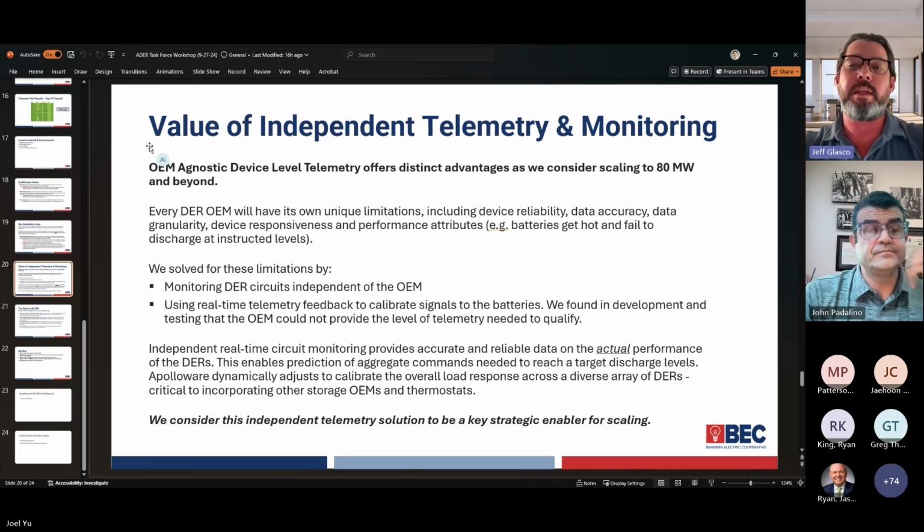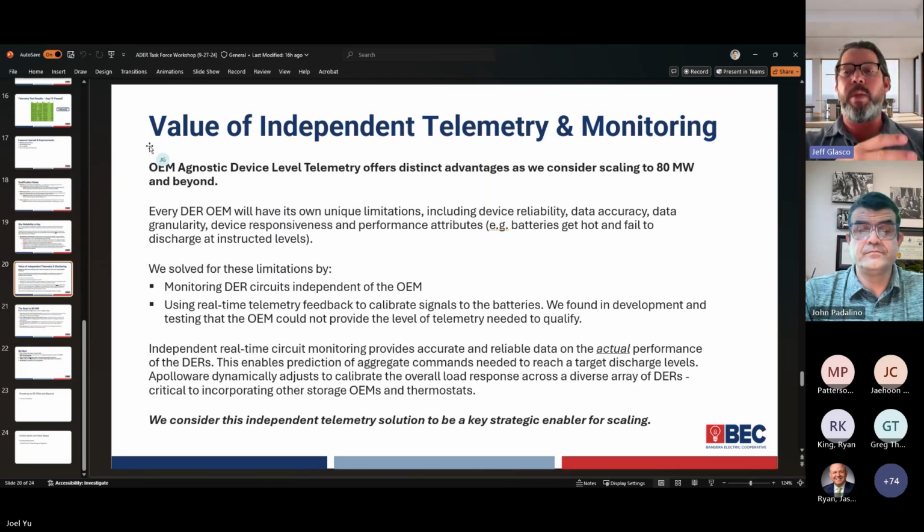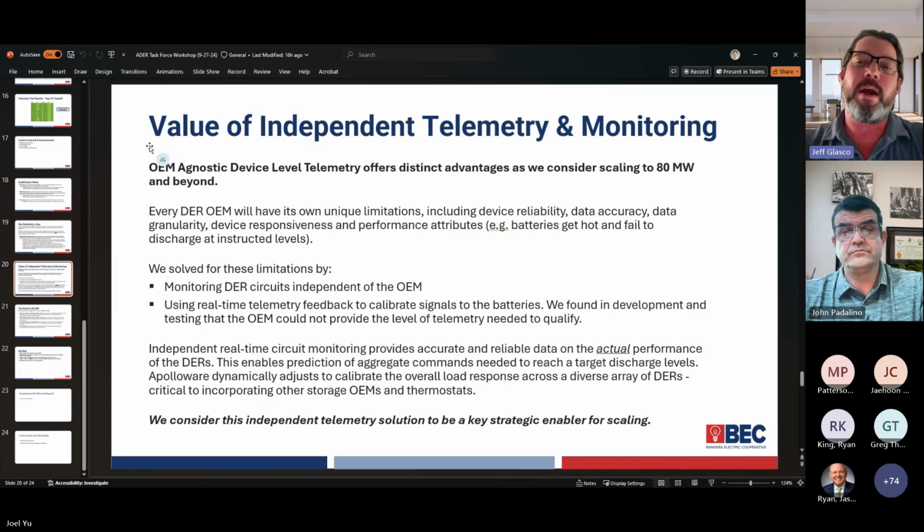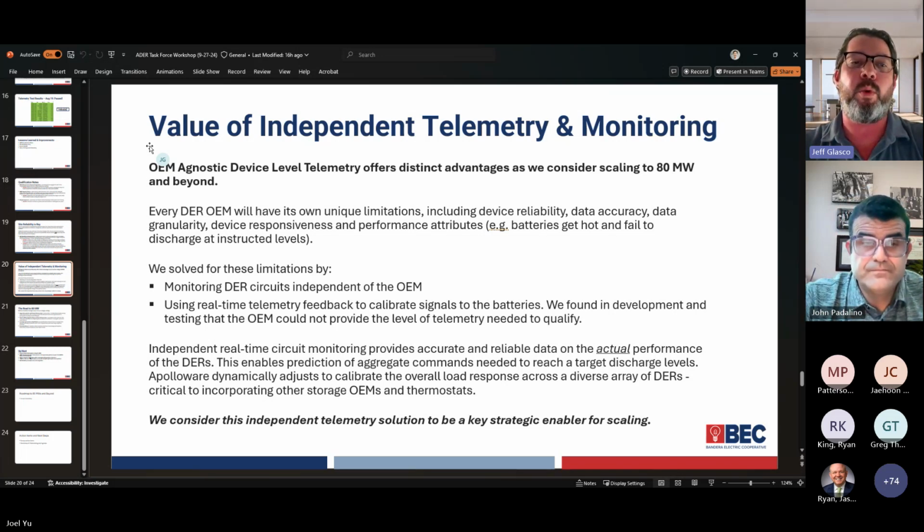And I think that as we look at expanding to other OEMs, which we're actively working on right now, having that independent telemetry so that we can control at all times and understand what's really going on without being dependent on that third-party technology, especially as you start to think about just a wide array of providers out there that we want to incorporate in that open access platform, I think this is going to be a key for us. So we're going to really lean into this as an important part of the solution.